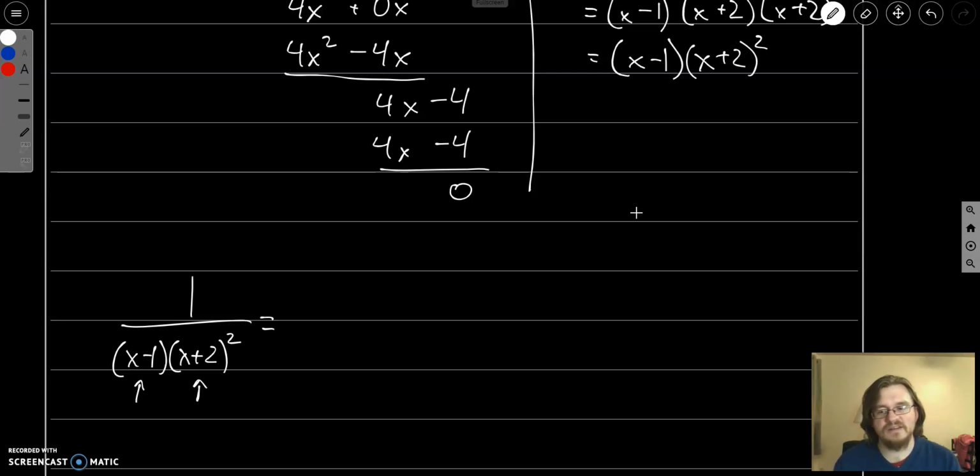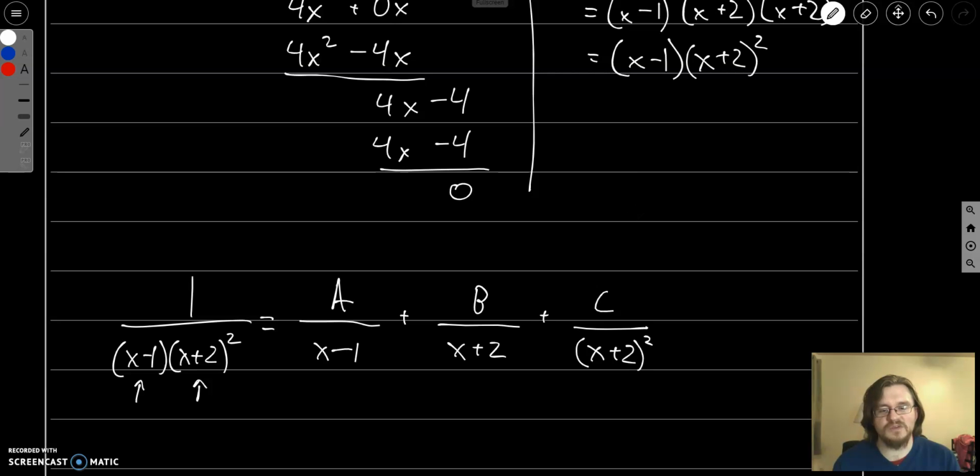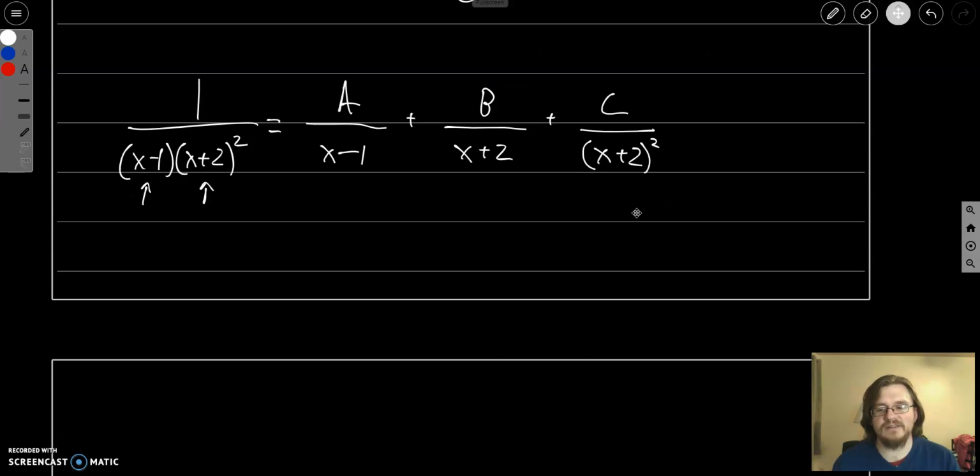This one is repeated, so I have 1, 2, 3. So I have one fraction that will be x minus 1. I have one fraction that will be x plus 2. And I have one fraction whose denominator will be x plus 2 squared, because it happens twice. And the tops of the fractions, we don't know. So we'll just have to do a little bit of work to find out.